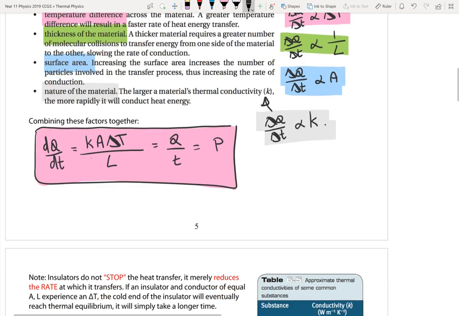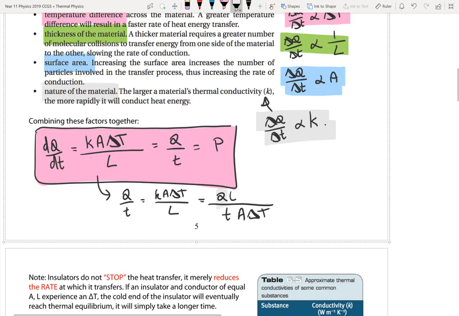Just quick little side mission. If we wanted to rearrange for K, well, what have we got? We've got Q on T equals K A delta T over L. So follow my lead here. To get K on its own, I'd have to multiply by L and then divide by A delta T. Now, just to make things worse, Q over T is called a watt.